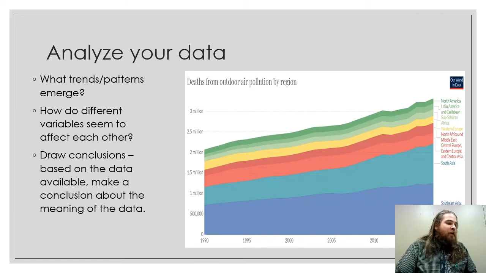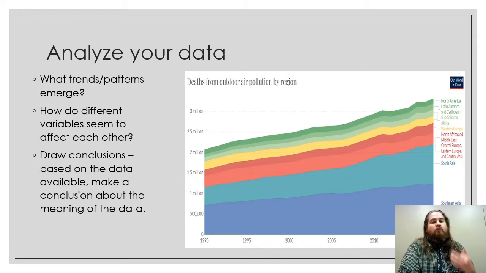But we notice that in South Asia, it's very high and it's actually expanding, getting bigger. So something I could ask a question about is what is happening in South Asia that their deaths from air pollution are going up when it seems like a lot of the world's are lessening, at least compared to 1990.